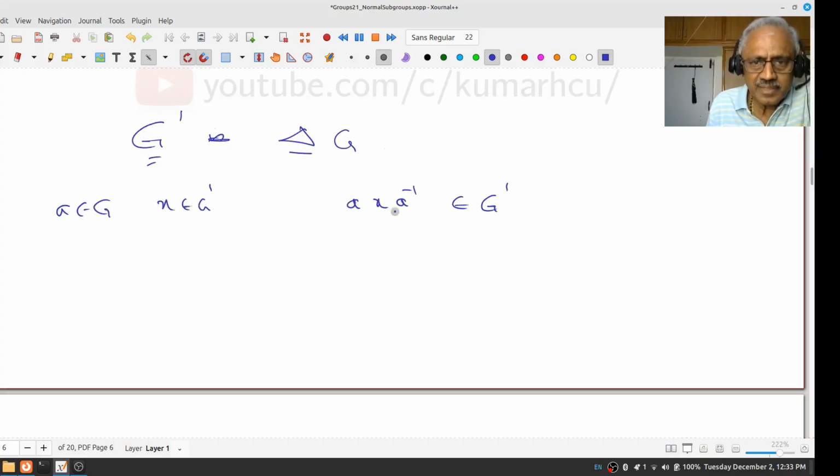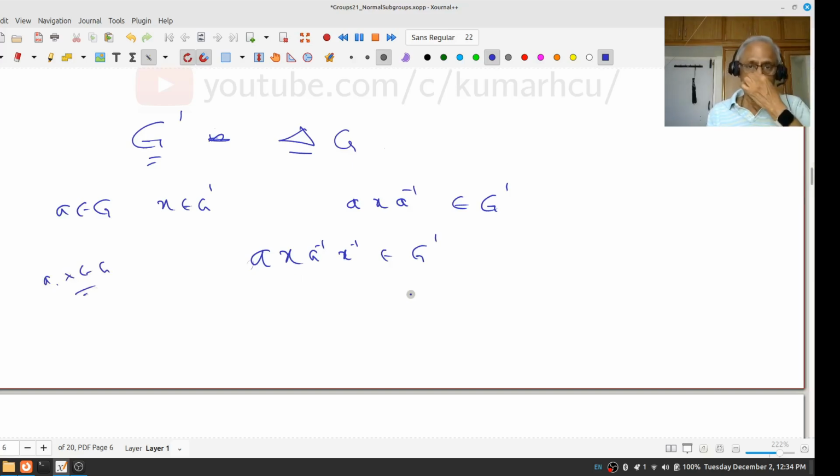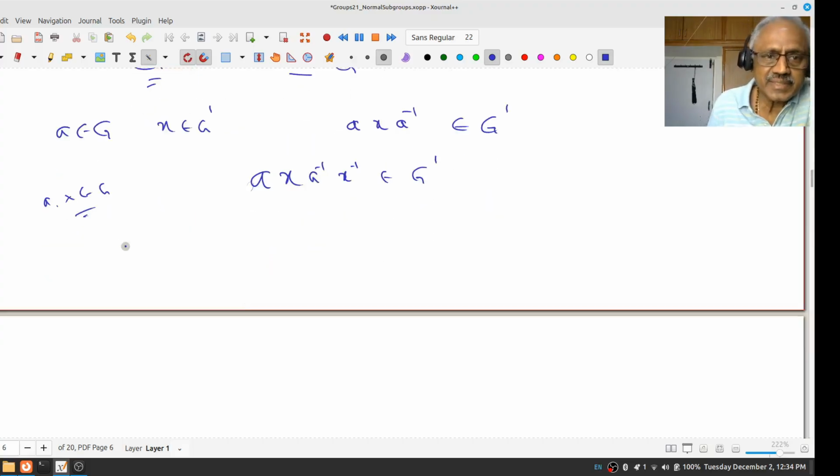Now, AX, A inverse there, what is missing? Therefore, missing is X inverse, right? Therefore, A, X, A inverse, X inverse belongs to G dash, because A and X are in G, therefore this must be in G dash. Okay. But where is X? X is in G dash.